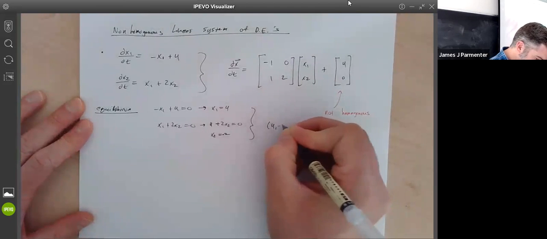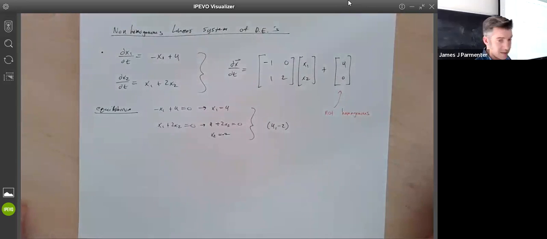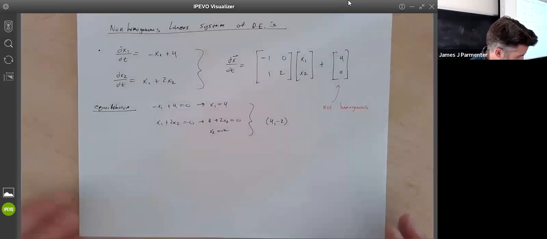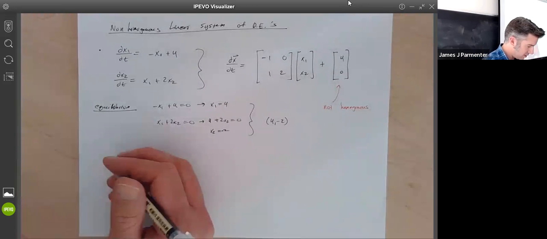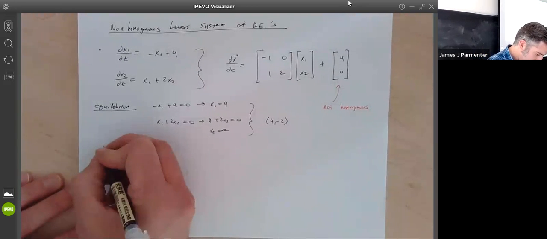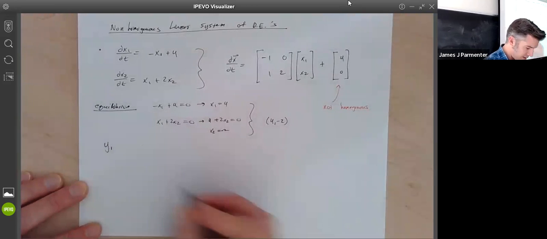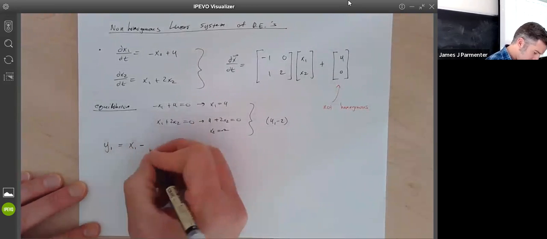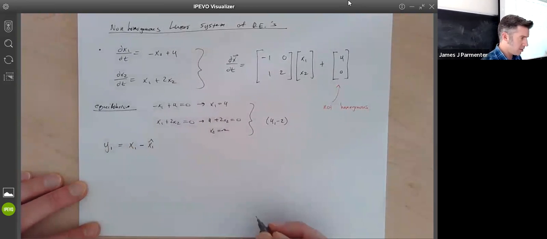Definitely atypical. We're not used to having an equilibrium that's not at the origin. So then how do you solve the system? It's kind of weird. This is a topic that I took a while to wrap my head around when I was first thinking about it. But we're going to make the substitution, which you definitely started talking about in class. You're going to let some new variable, I'm going to call it y1, equal x1 minus your equilibrium point.